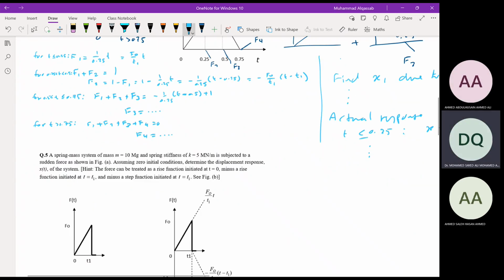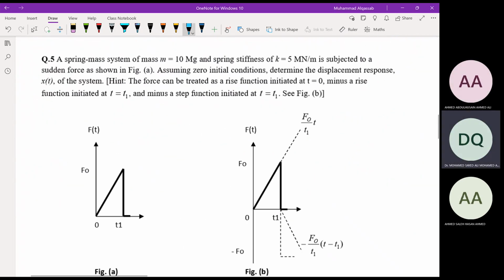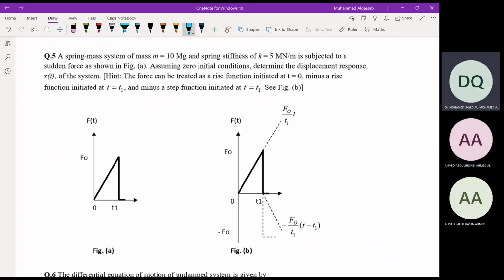Okay, تمام. For question number 5, we have a spring mass system of m equal to 10 megagram, which means 10 to power 3 kilogram. We need the base unit. The base unit is kilogram. So this is 10 times 10 to power 3 kilogram.